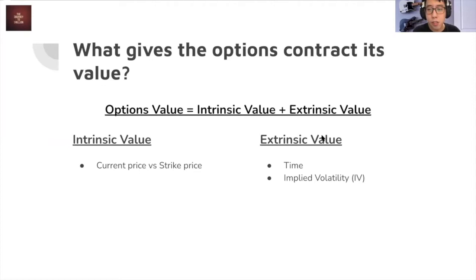For extrinsic value, if you have more time before expiry, then your value will be higher. And if there is higher IV, then your options value will also be higher. Yeah. So that is how the options value is derived.